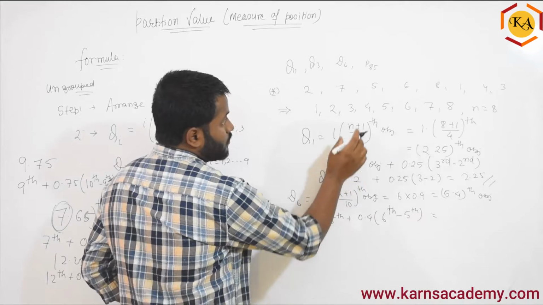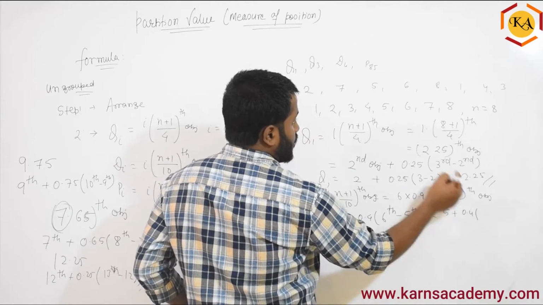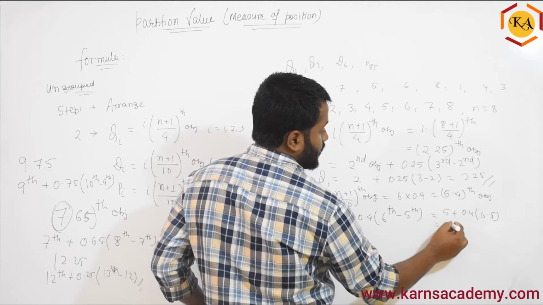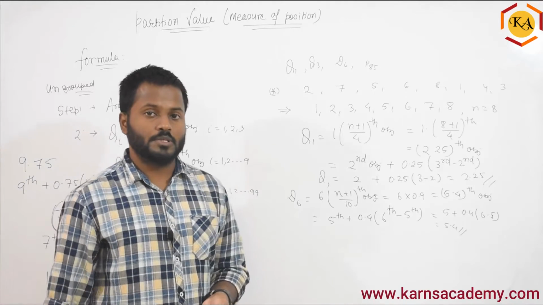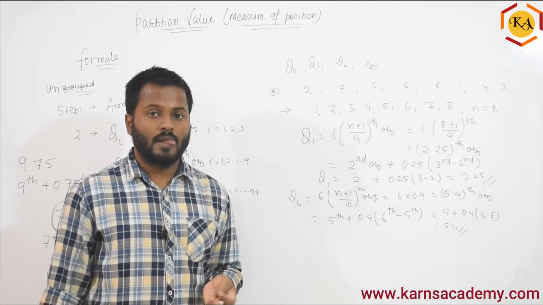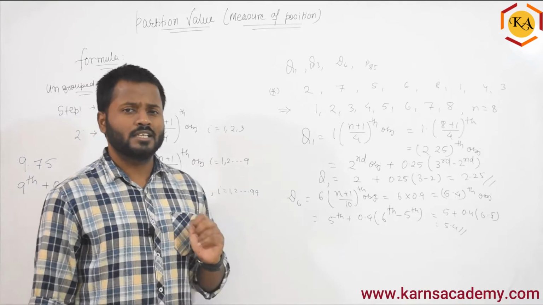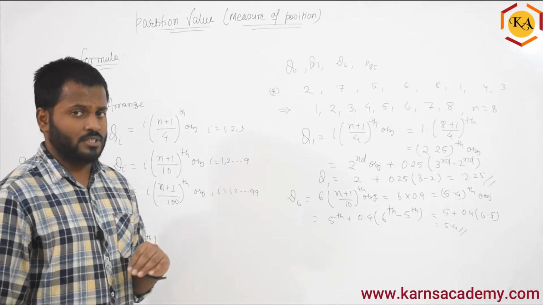So 5th term is 5 plus 0.4, and the 6th term is 6 minus 5. So basically you are getting 5.4 only. Right? This is how you will be solving for the ungrouped data. I hope you are able to understand. It's very simple. If you understand one problem clearly, whatever they give, everything will be easier.